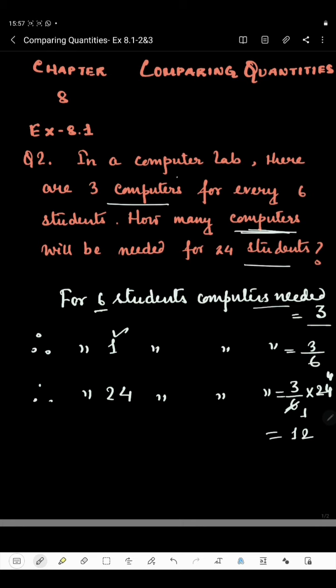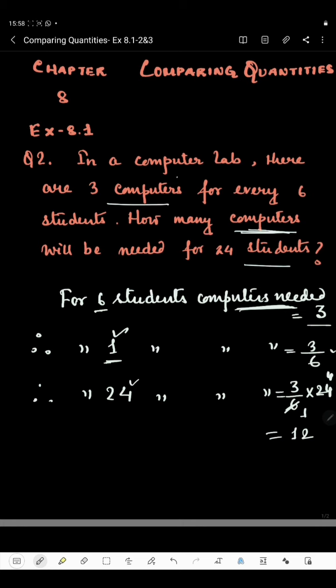So here what we have observed is that in the unitary method, whatever we have to find, like in this case we had to find the number of computers, that will be on the right side, and at first we will find for 1. When you find for 1, it's division, and when you find for more than 1, it's multiplication.